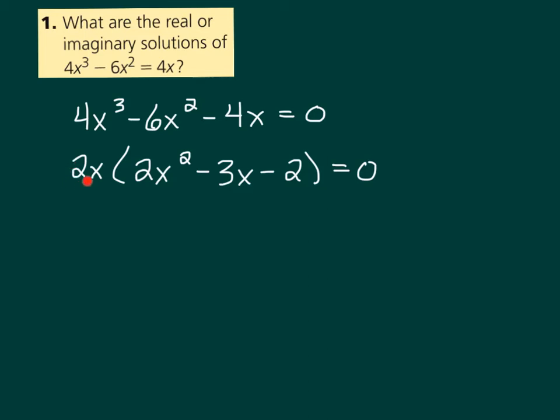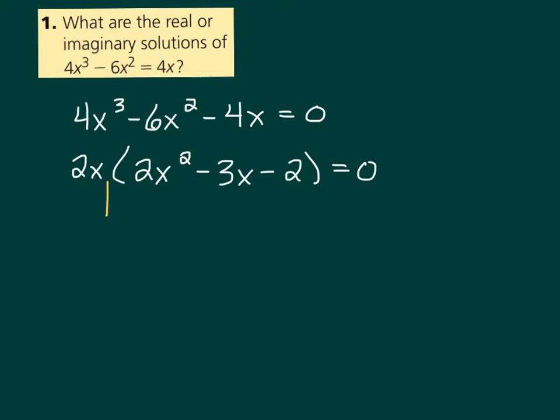So we have a linear factor here. The 2x is a linear factor. Then we have 2x squared minus 3x minus 2. That is a quadratic factor. Here, we can use the zero product property. I have two things multiplied together, 2x and 2x squared minus 3x minus 2.